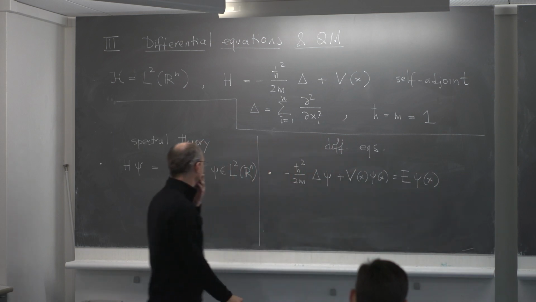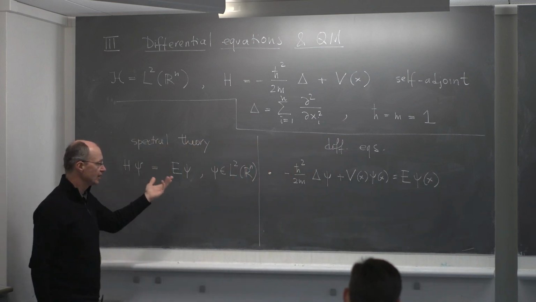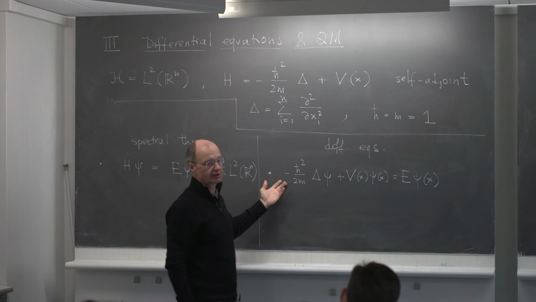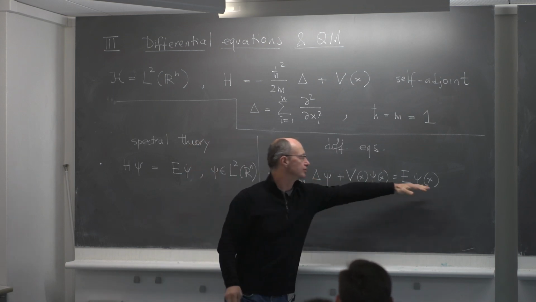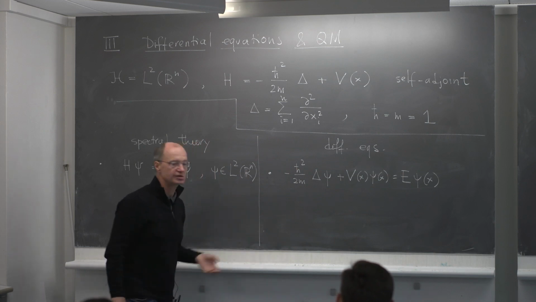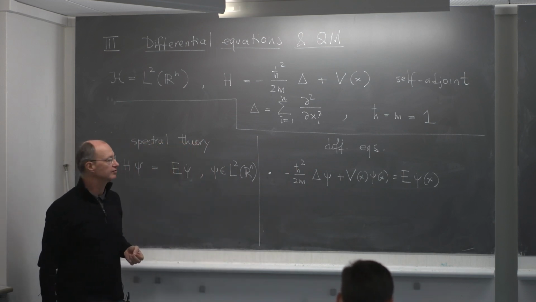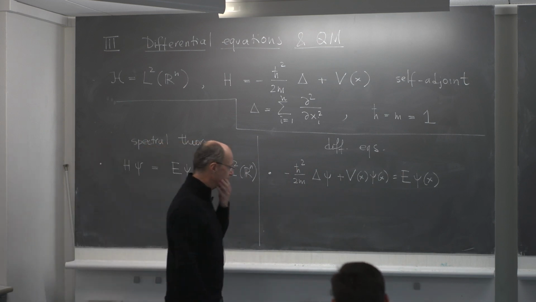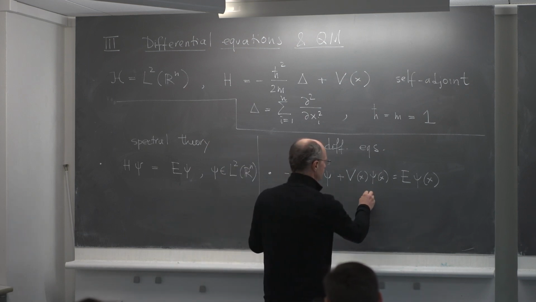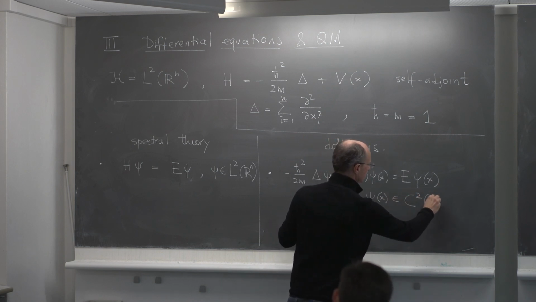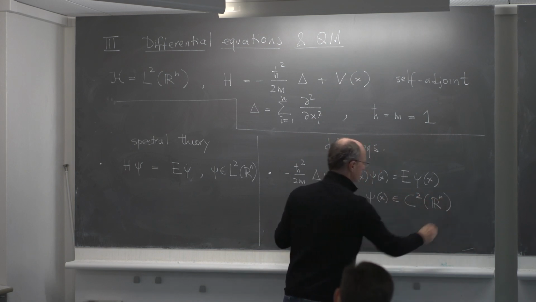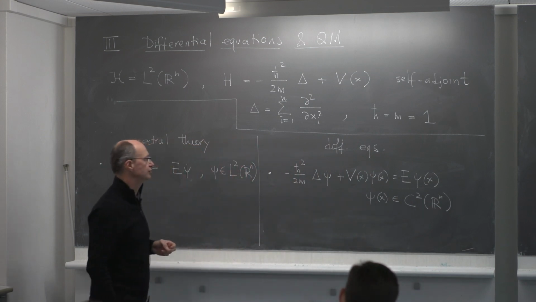So right, if I write it down, this turns out to be a differential equation, right? There is this Laplacian of psi, and there are other things. So this is a linear second order differential equation. And the reasonable thing is to say that psi of x is in the class C2, right?